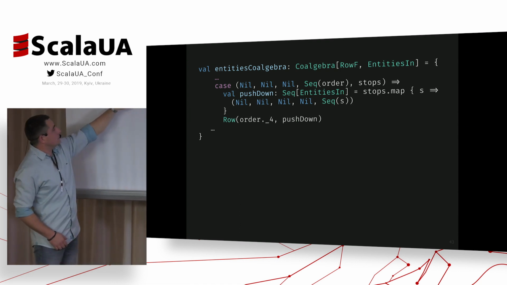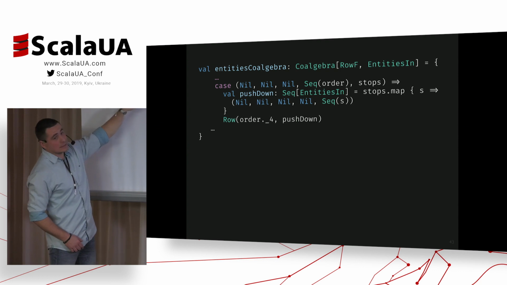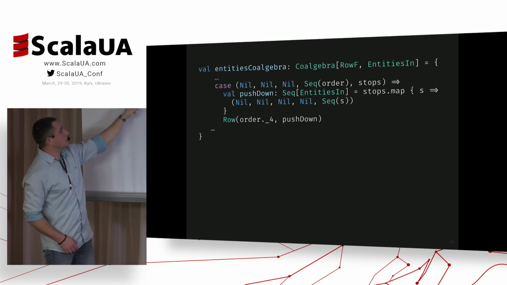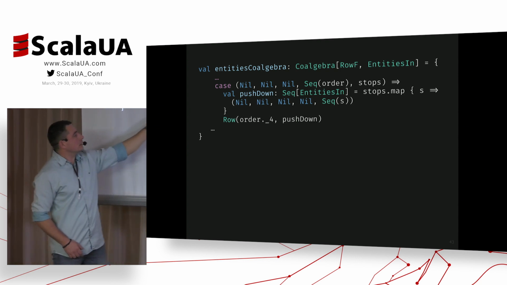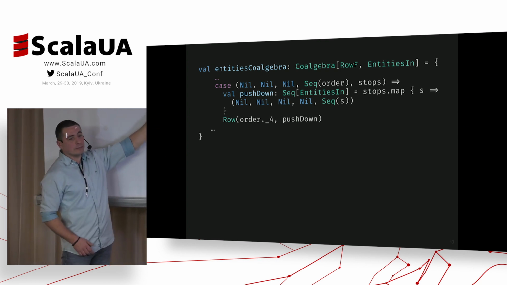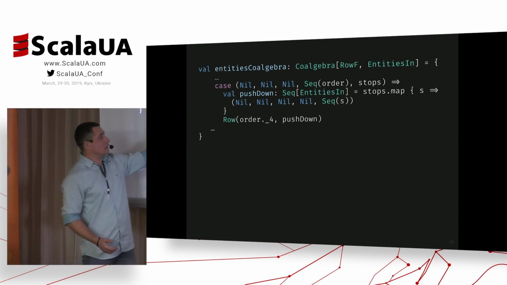So this thing we're returning is kind of strange because it has the entity here, and it's supposed to have children of some type entity as well, but it doesn't.